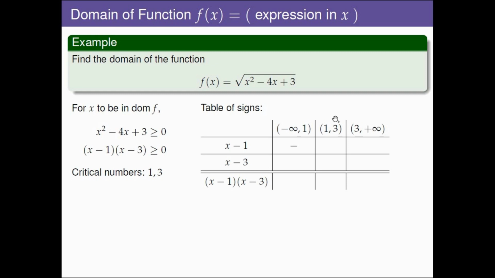So if x is in the interval 1 to 3, or 3 to infinity, positive sign for x minus 1. Now, x minus 3 is negative when x is less than 3 and positive when x is greater than 3.